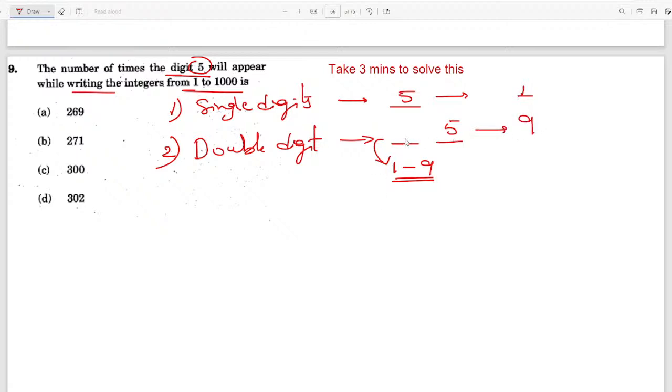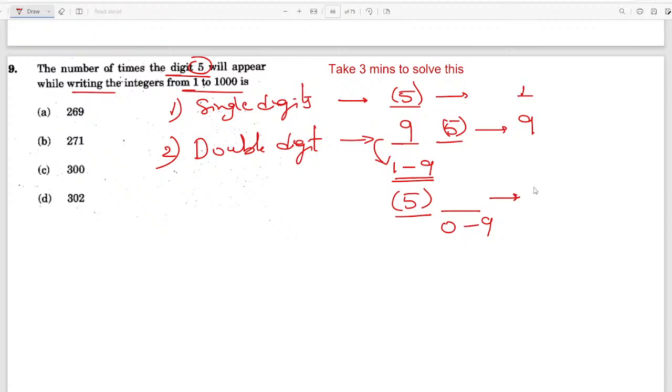And then once the units place is covered, we will see if 5 is there in the tens place, how many numbers can come here? So this is 10. If 5 is here, this will be 9. So here 9. So this will be 10, that is 0 to 9. All the single digits can come here.